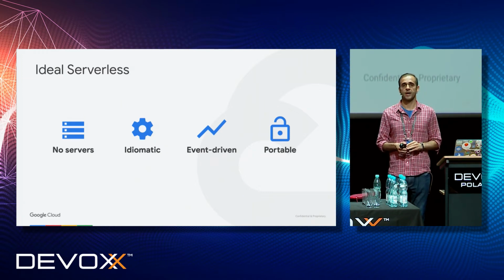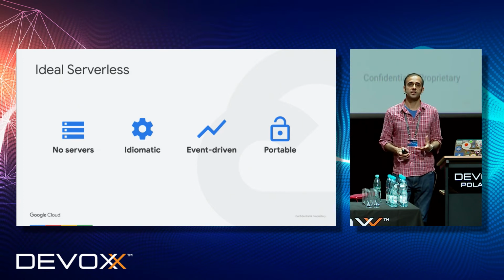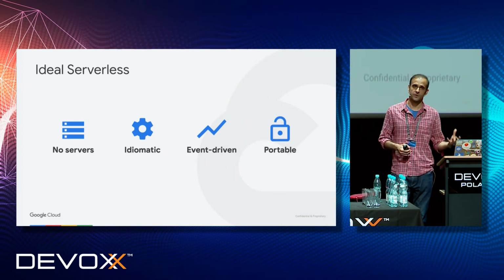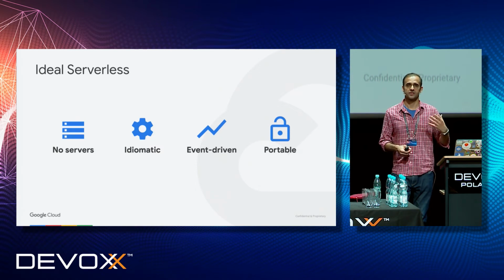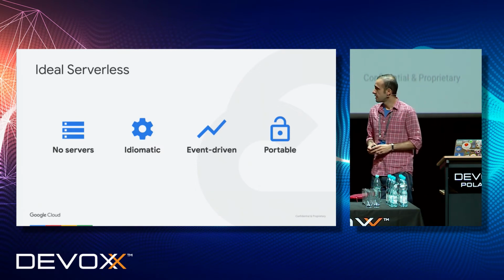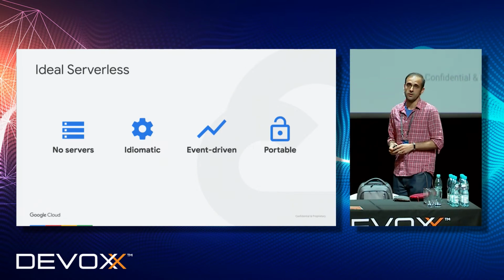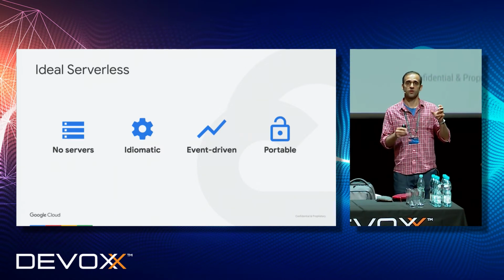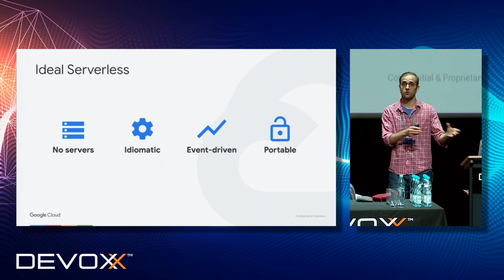Thirdly, most of the time, when we talk about serverless, it's actually event-driven. So something triggers your function or something triggers your container rather than synchronous. And finally, you want your serverless framework to be portable. So let's say you deployed a serverless function or a serverless container to Google Cloud.